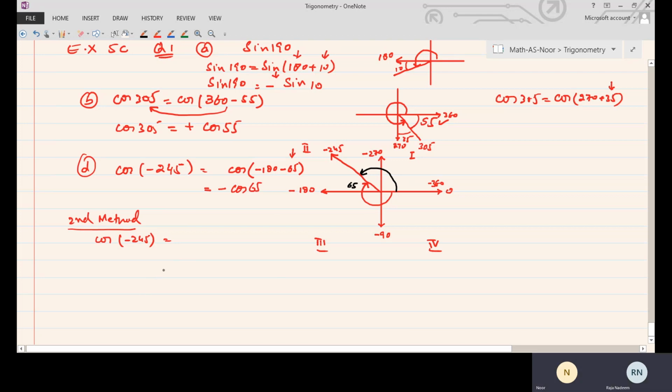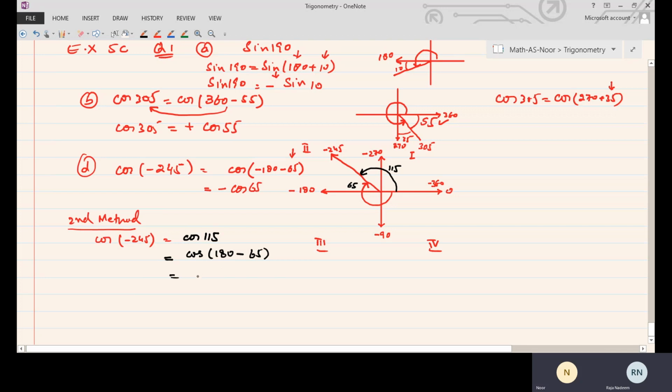60. From there, it would be 115. So I can write cos of 115. Cos of 115 can be expressed as 180 minus 65.